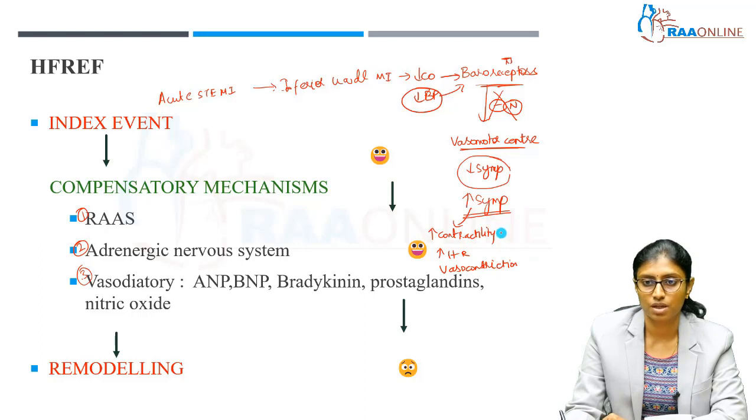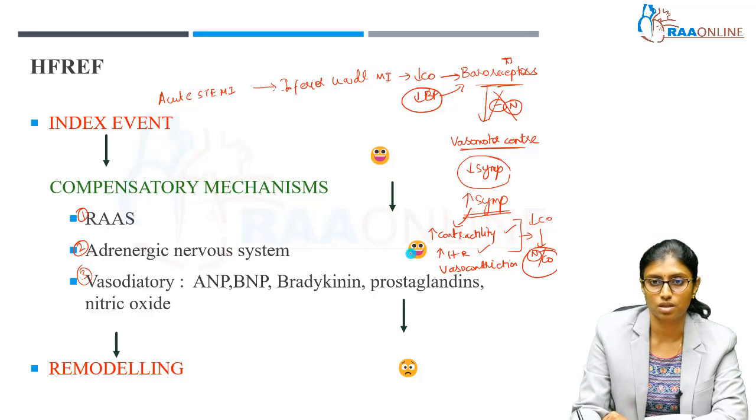These three mechanisms, by increasing the contractility of the heart and increasing the heart rate, try to ensure that the reduced cardiac output becomes as much as possible a normal cardiac output. So it is ensuring homeostasis is again achieved. It is a compensatory mechanism. This is through the baroreceptors activation of the sympathetic or the adrenergic nervous system.